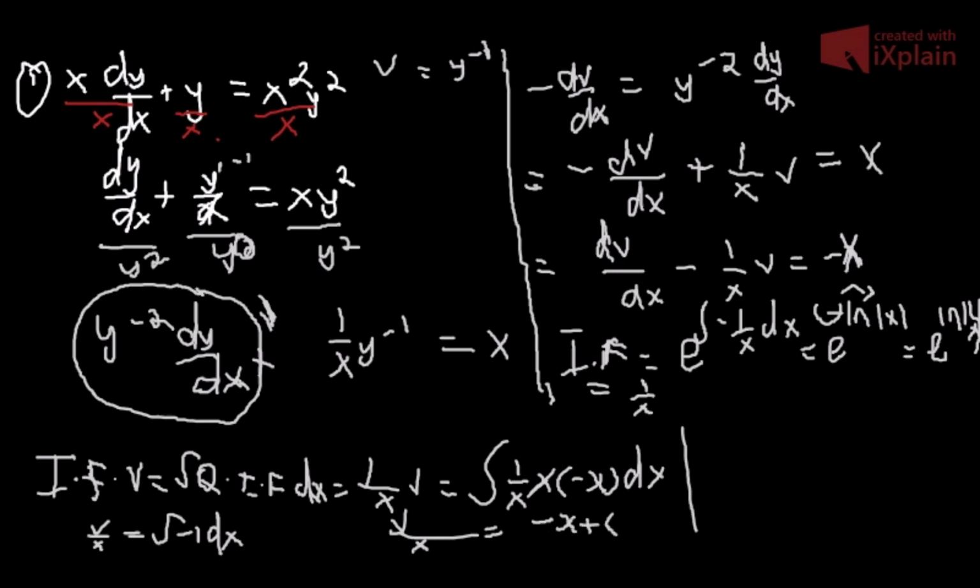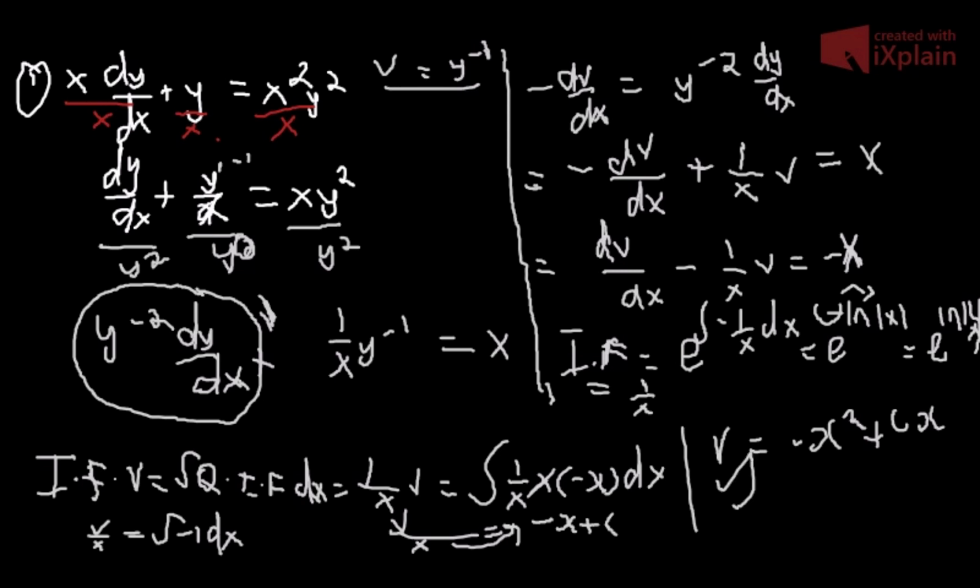Then from there, we say v equals negative x squared plus cx, right, because now we did cross multiplication. This x went to multiply the other side. Now, mind you, we said v equals y to the power negative 1.